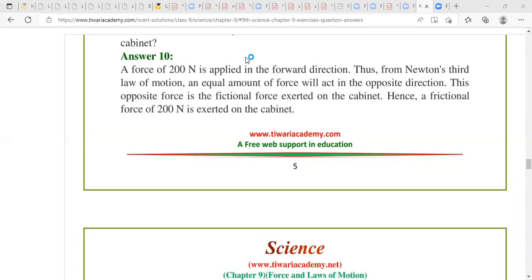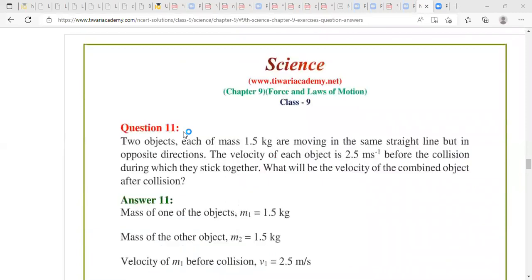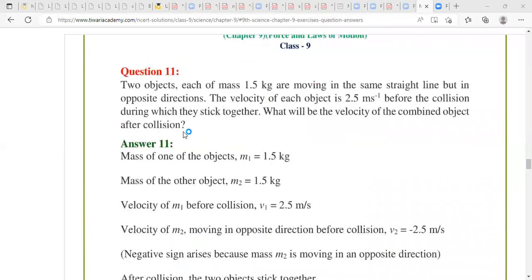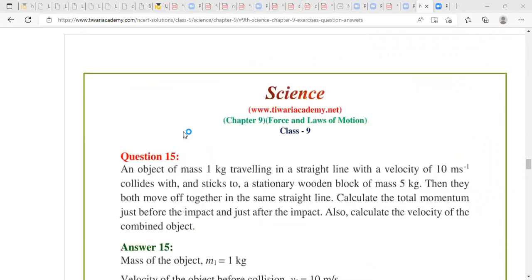Finished, ma'am. Now next, this one. Wait, I think 12, 13, 14. How many questions do we have? 15, 16. Okay, these are numericals. 16, 17. So many questions. I think this is the last, right?